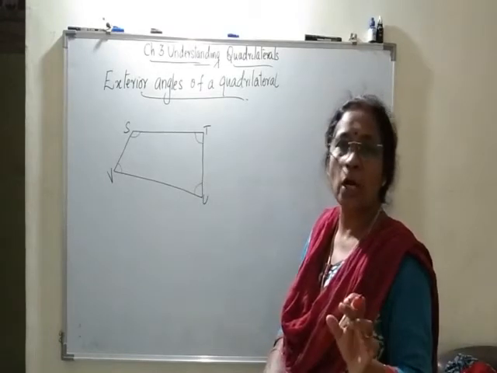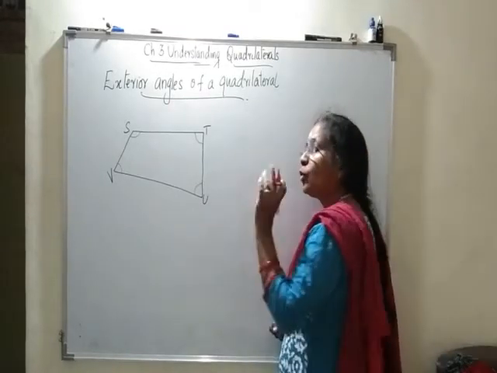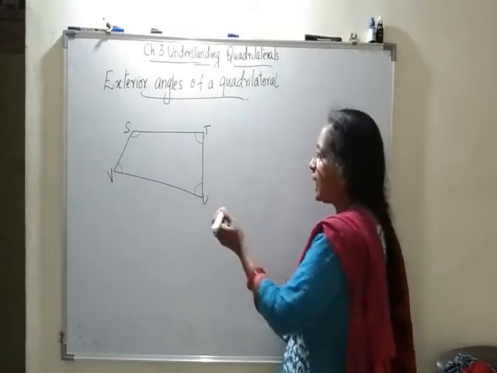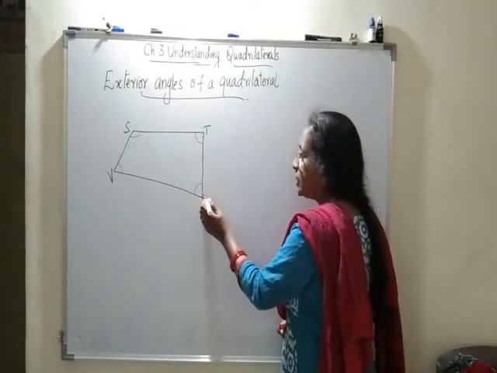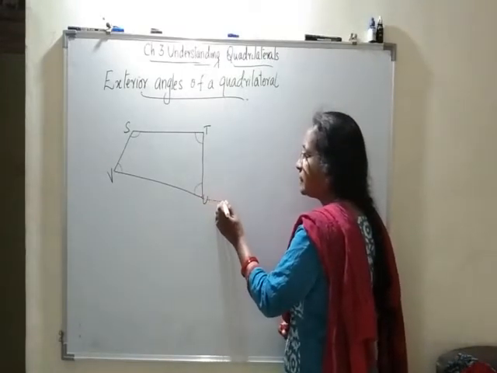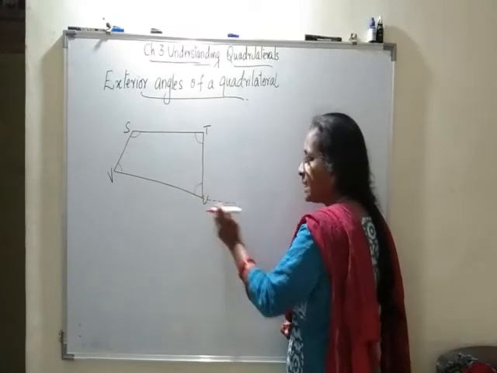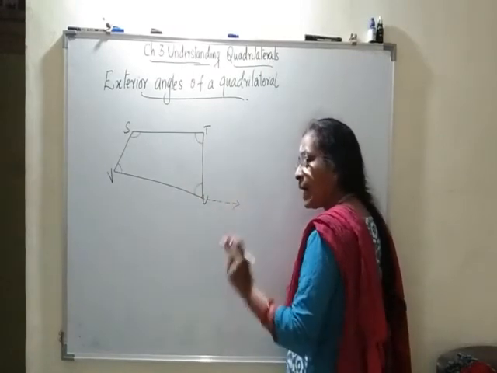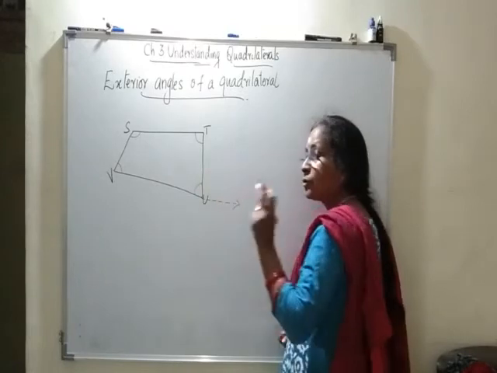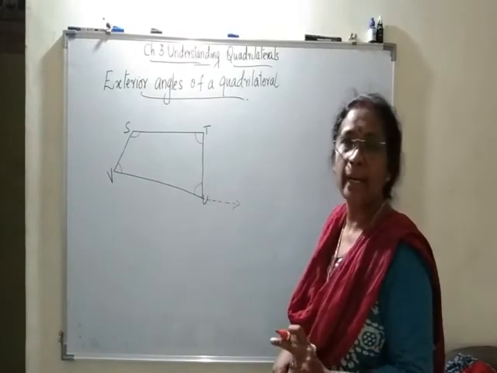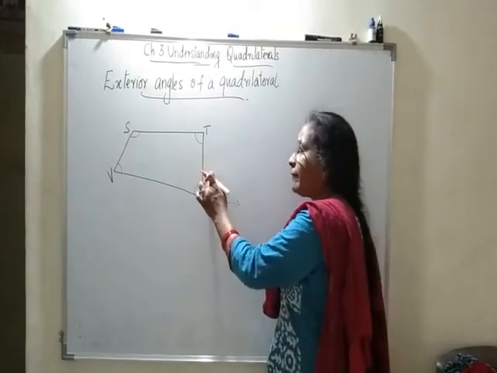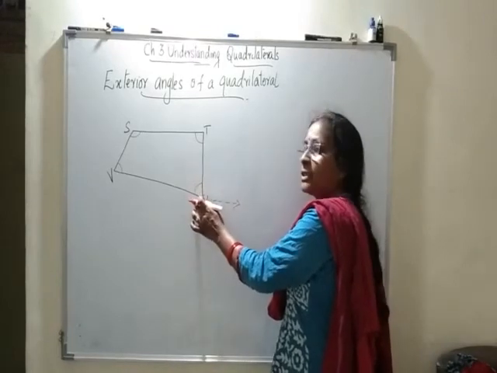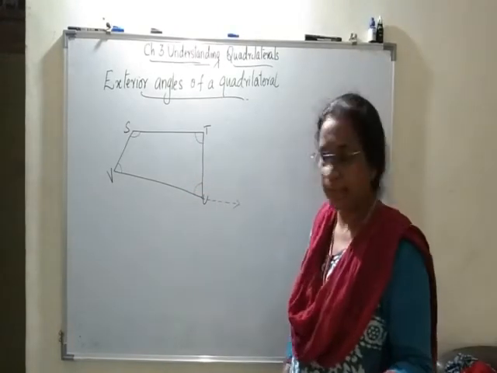Exterior angles are formed by two arms. Which are the two arms? The extension of one side. Okay, this side is extended and the other side. So that is the angle formed by any one side and the extension of its adjacent side.